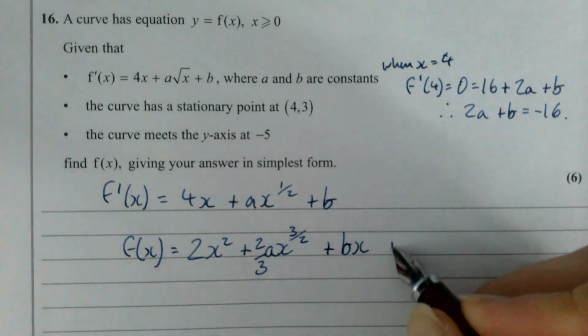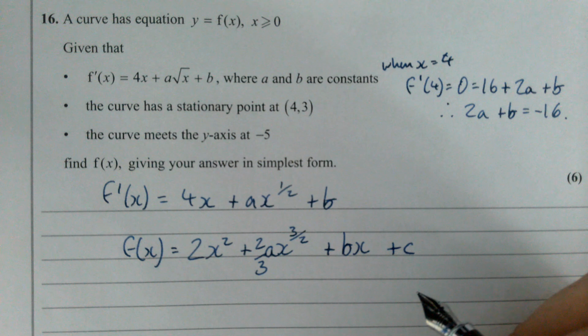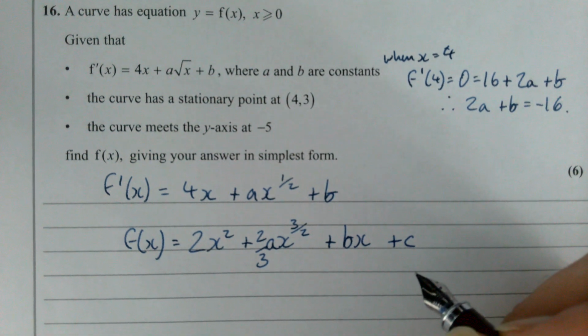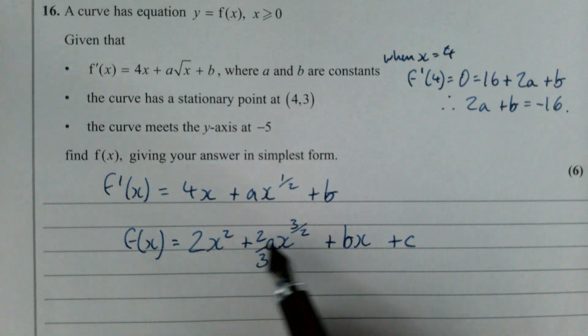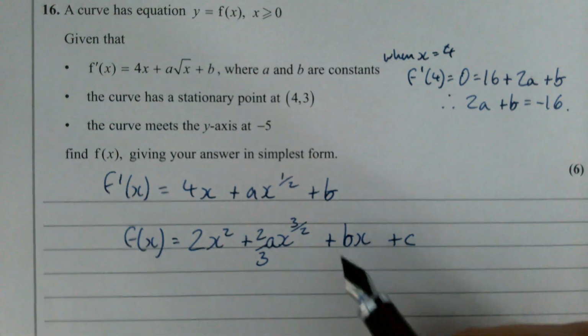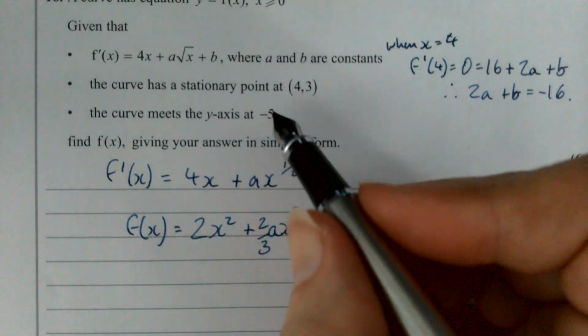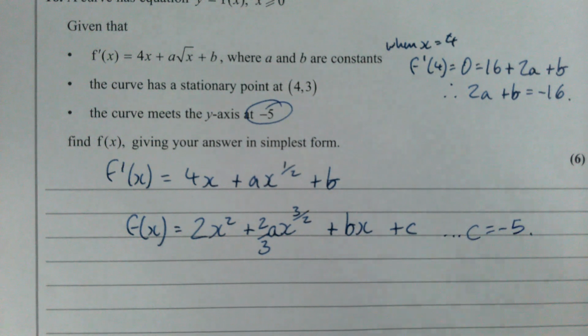And then we're also going to get plus c. And that is going to equal, and then when x is equal to 0, our y value will be negative 5. Therefore, c is going to equal negative 5.